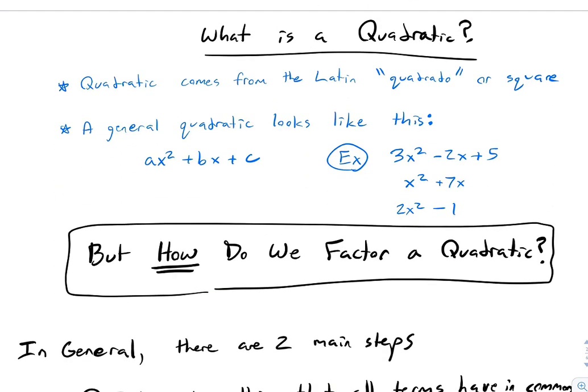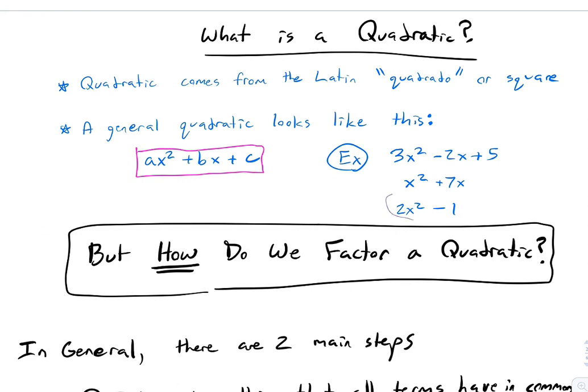So a quadratic, as I mentioned before, comes from the word quadrado. It means squared or to the second power. So the general form looks like this. Although it's totally possible that one of either the second or the third term could be missing. So I'll show you a couple other examples. If there was no number or integer at the end there, then we just say, oh, you know what? x squared plus 7x, still a quadratic because it's got the x squared. Or we could have no middle term with the x's.